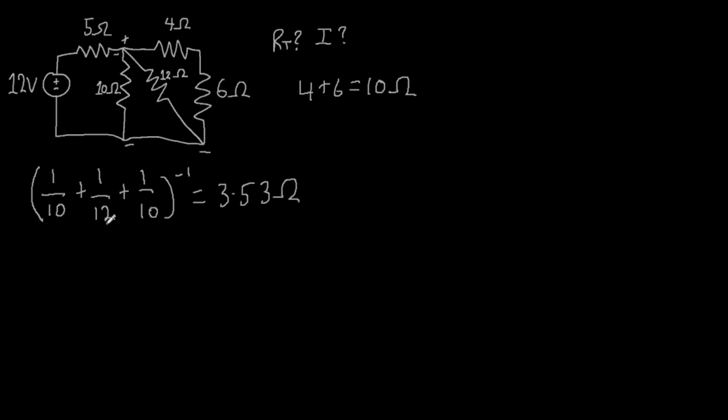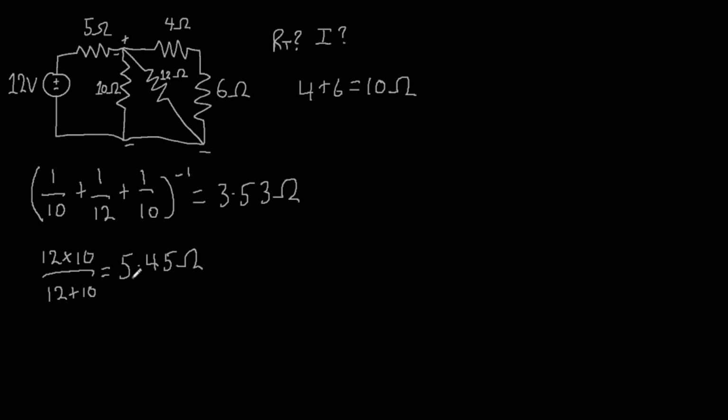Now just to show you that product over sum works as well, keep in mind that product over sum works for two parallel resistors at a time. So let's start by going this way. 12 times 10 over 12 plus 10 is 5.45 ohms, rounded to 2 decimal places.